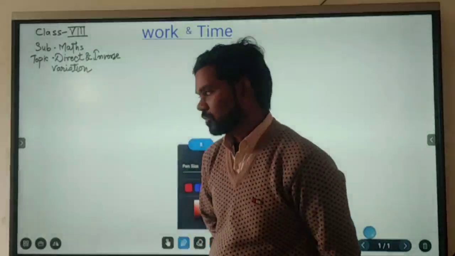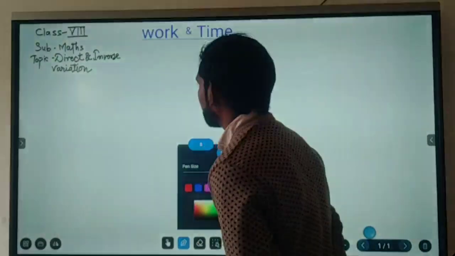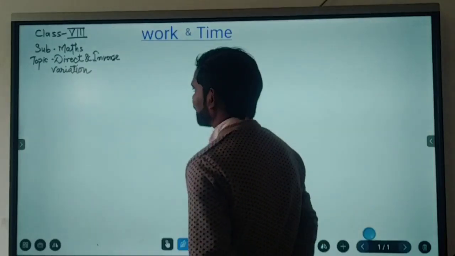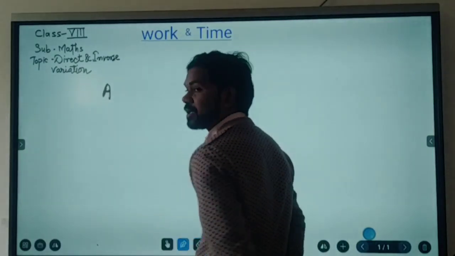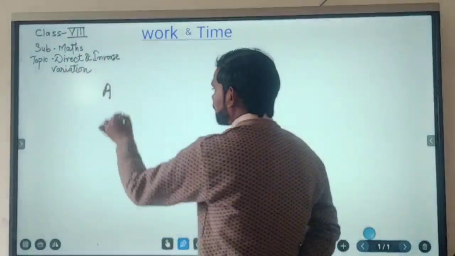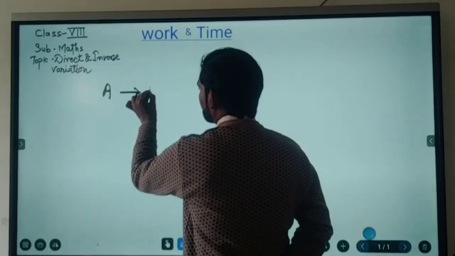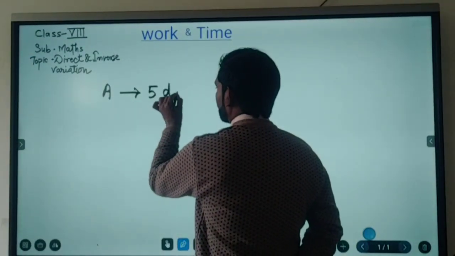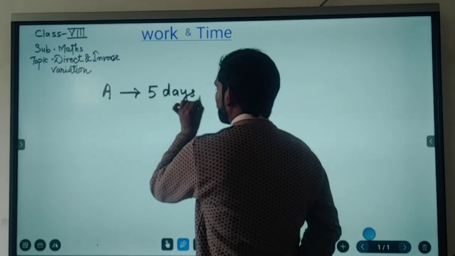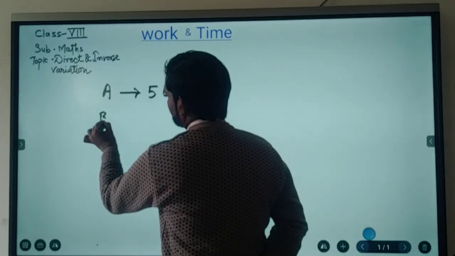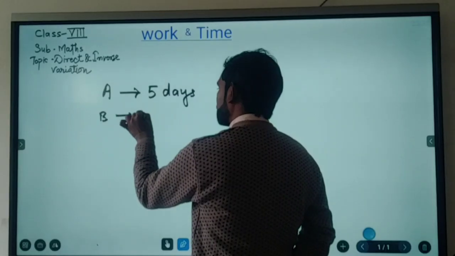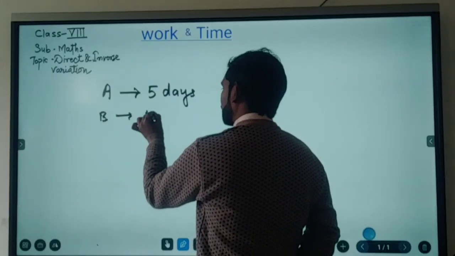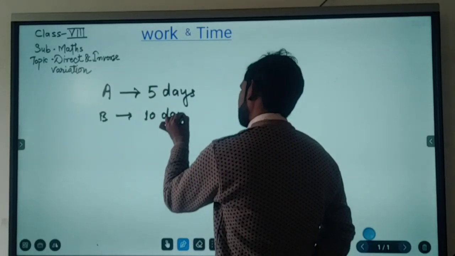Suppose, in order to find the relation between work and time, a person named A can finish a piece of work in 5 days, and there is a person B who can finish the same piece of work in 10 days.